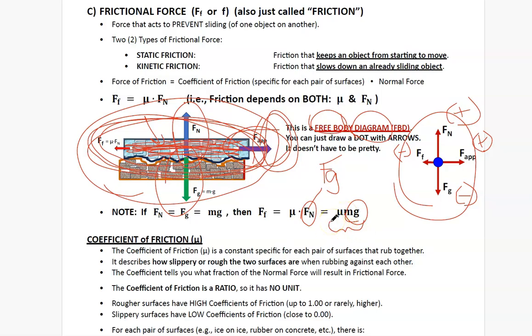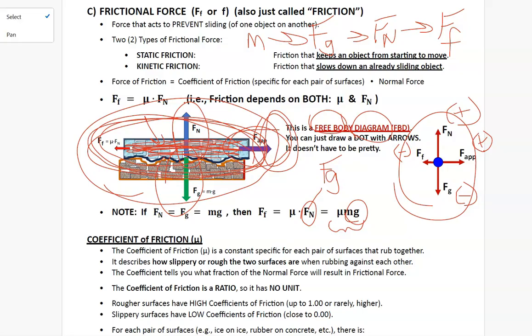I would recommend calculating things one at a time. Use the mass to calculate the weight. Use the weight to figure out what the normal force is. Use the normal force to figure out what the frictional force is. It's that one there. All right, get in the habit of doing that. Believe me, it'll make your life a lot easier.